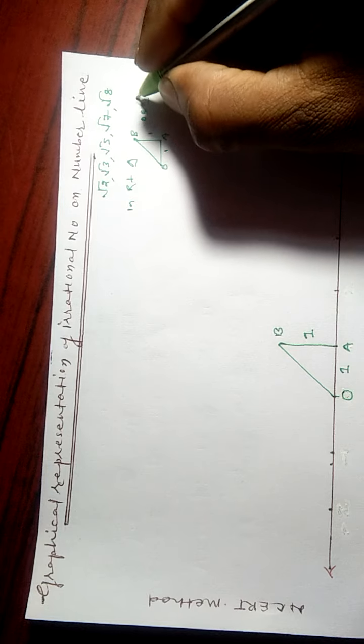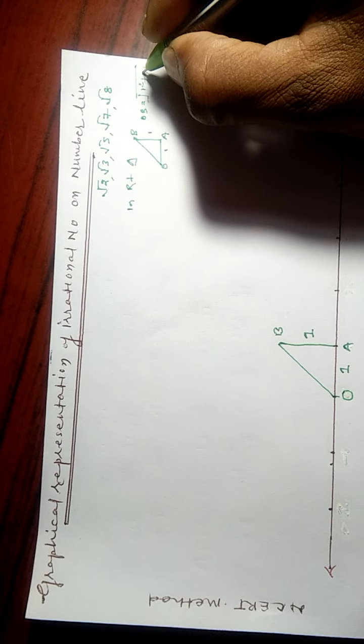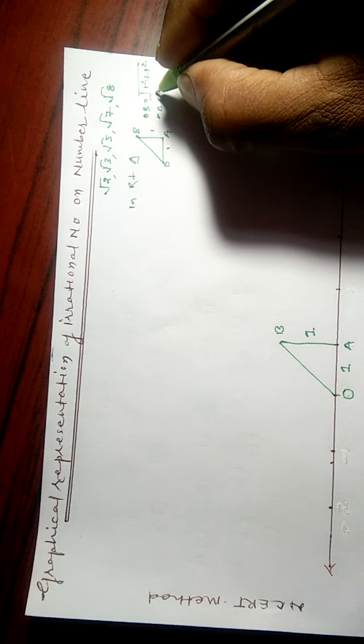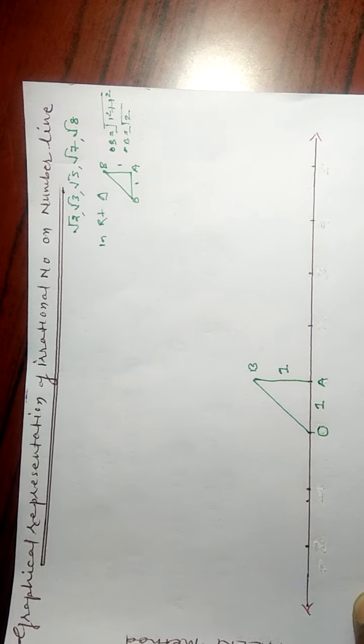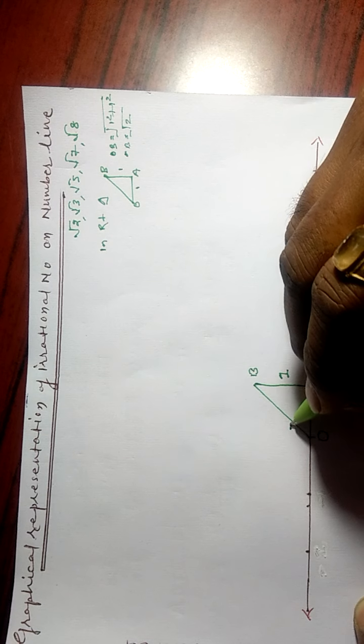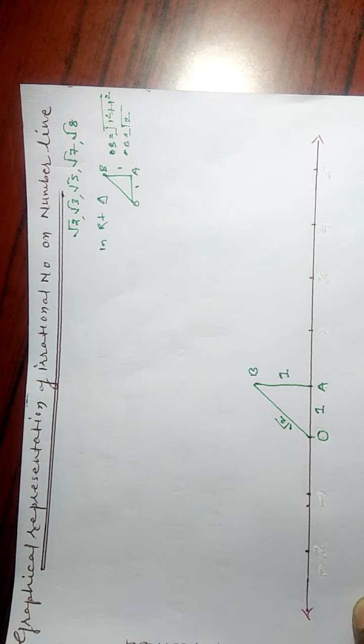It can be written as under root 1 square plus 1 square, and OB is equal to root 2. So this OB is equal to root 2.